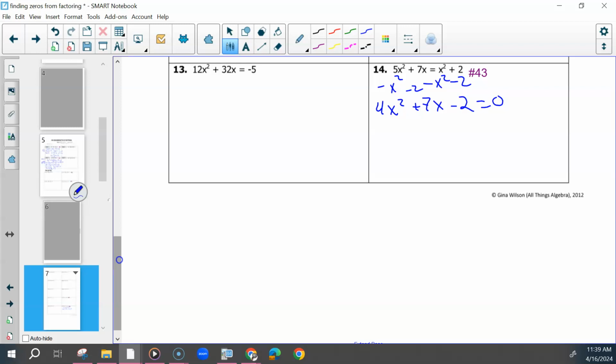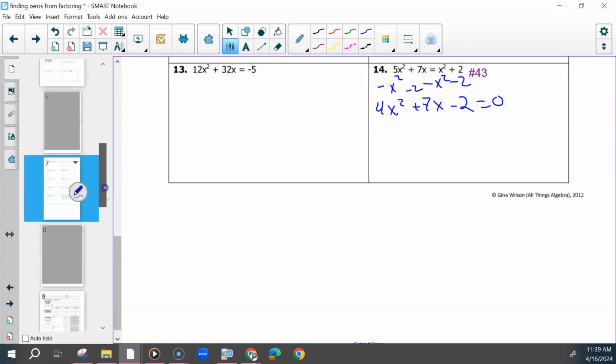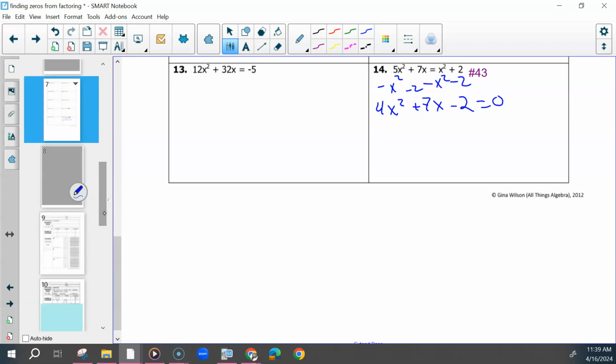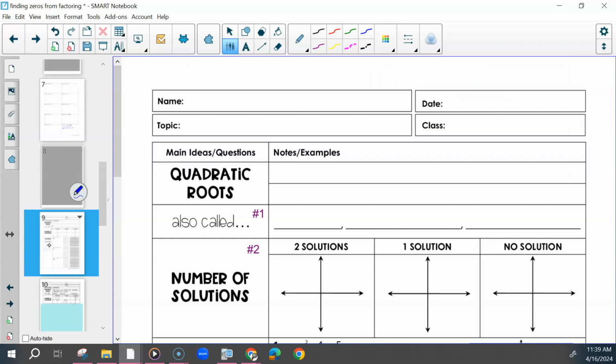So go ahead to the next page. There are other ways to solve quadratics algebraically, but we are not going to talk about some of those. You may see or hear of them, solving by square roots and solving using the quadratic formula. Those are mainly the two.